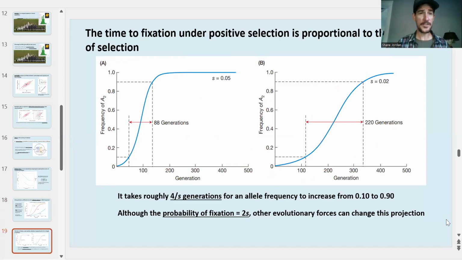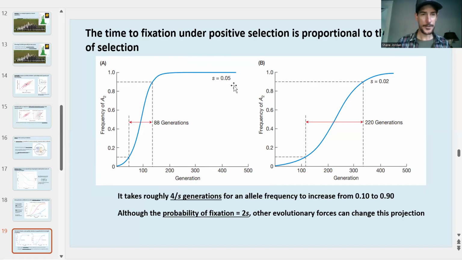Now, the number of generations that it takes for an allele to reach fixation under this so-called positive selection model is very much proportional to the strength of selection. We have 2 contrasting versions of this story here. One such story is that we have a selection coefficient of 0.05, and we have, again, this mutant allele.